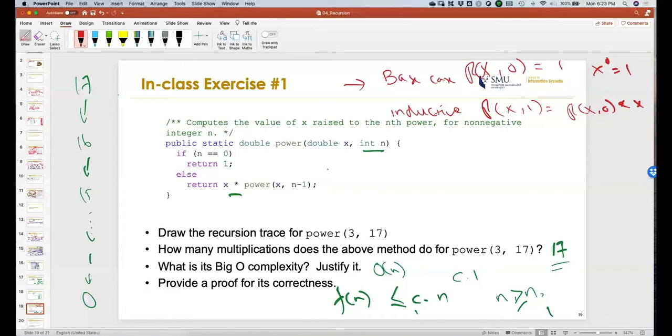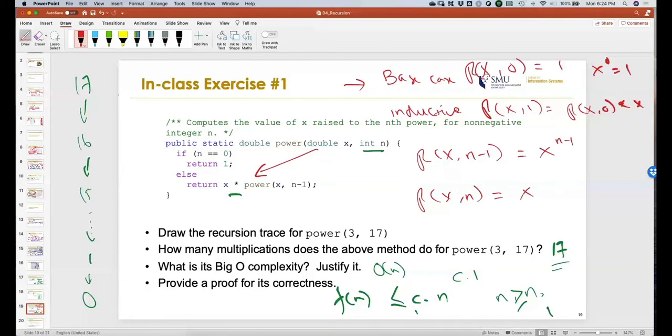So let's say if we believe that x^(n-1) is going to give us exactly this, which means that it's correct at the point of n-1. So then you just want to show that it's also going to be correct at n. So now we look at this, and it turns out that at n, it's going to produce the multiplication of x and x^(n-1), right?